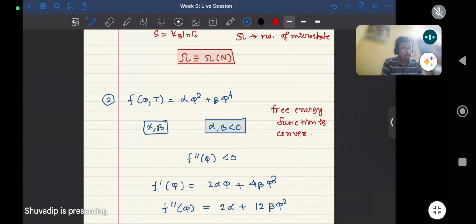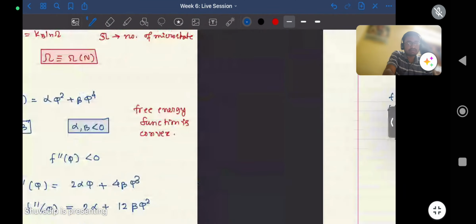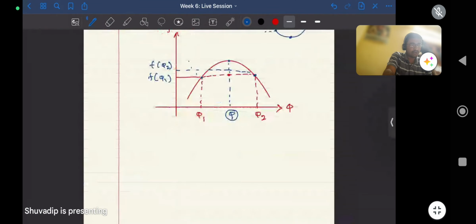So to be a convex function, alpha and beta need to be less than 0, negative. And we have calculated what is f double prime phi, and we have seen that if alpha and beta are less than 0, f double prime phi is always guaranteed to be less than 0. So in that case, we will see always a phase separation.